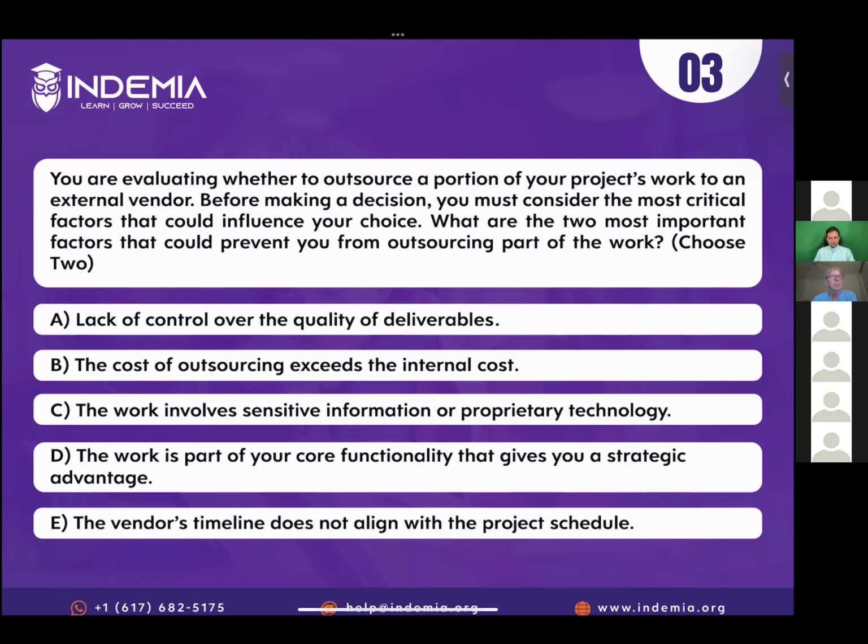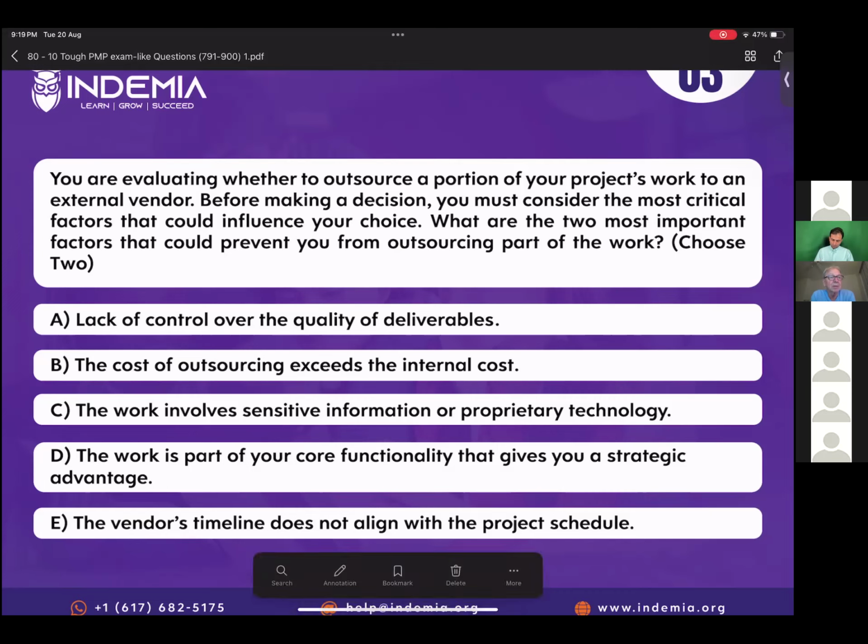All right, Robin, you have chosen option C and E. Yes, I considered that proprietary technology is probably the most important one out of the 5 options. And also the schedule.